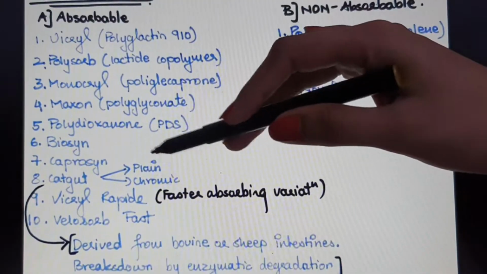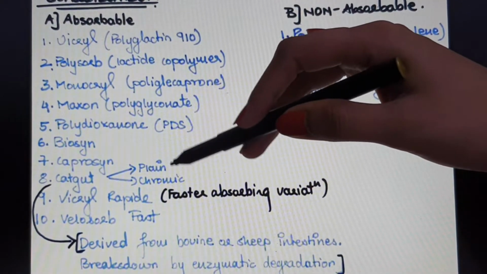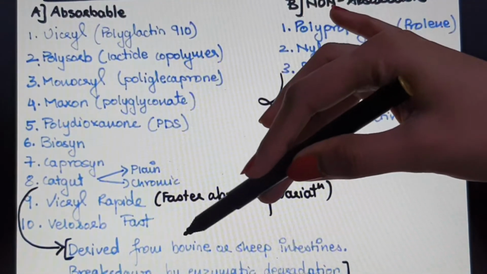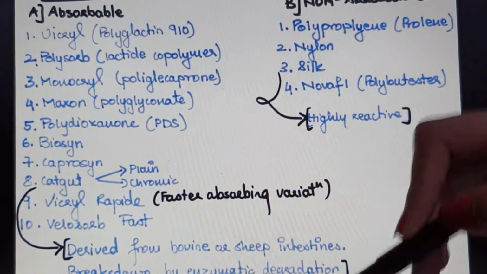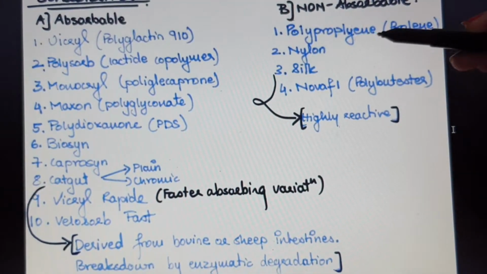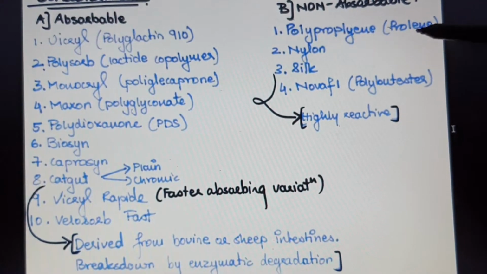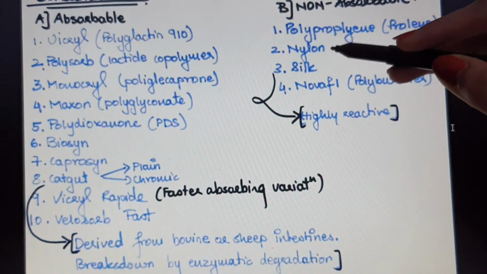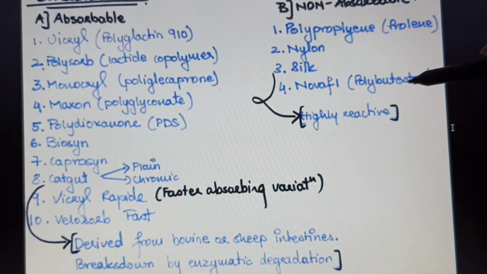Then we have Catgut. Catgut is also present in plain and chromic type. Then we have Vicryl Rapid and various others which I've listed down over here. In non-absorbable suture materials, we have nylon, polypropylene, that is also called Prolene, and silk, and also others which I've noted down below.